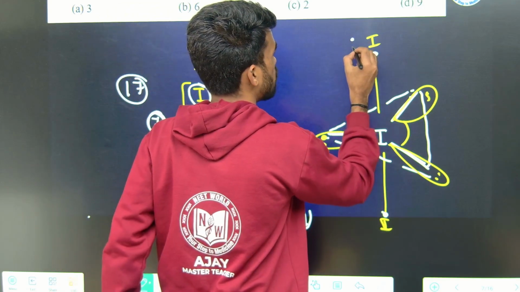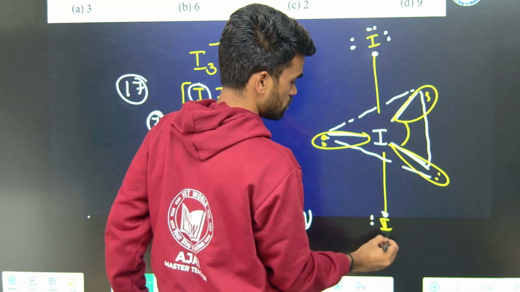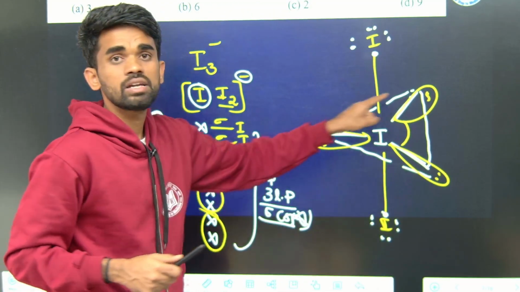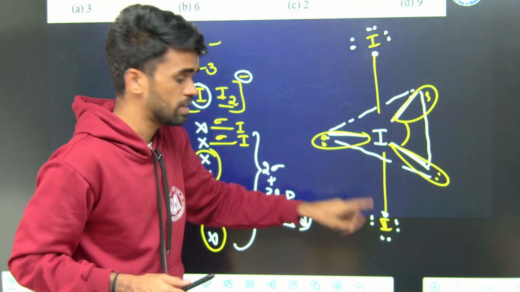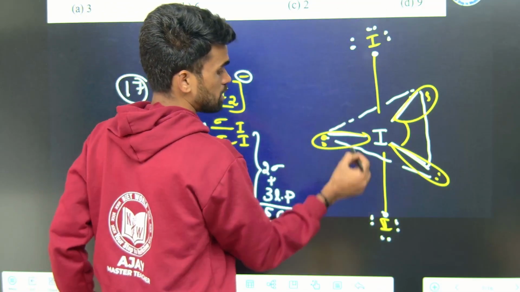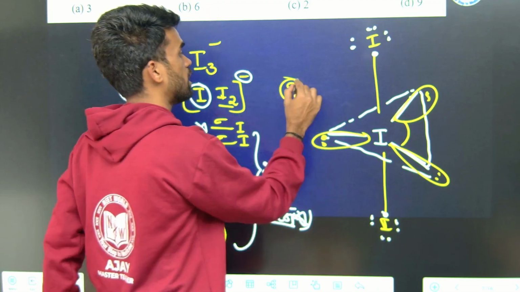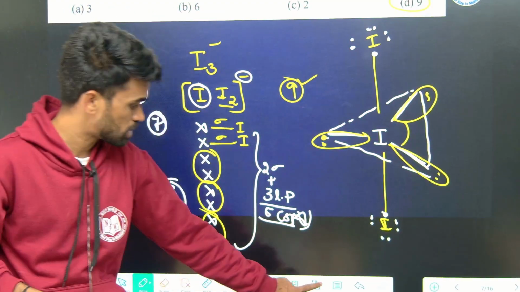So put 6 dots around this like this, here also. It means the central atom also contains 3 lone pairs, and the surrounding atoms also contain 3 lone pairs here and here. So total 3 plus 3 plus 3, 9 lone pairs are there. So option D will be the perfect answer for this particular question.